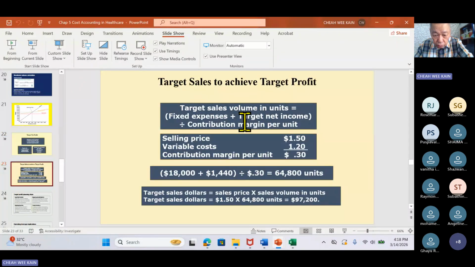We can see an example here. Target volume, fixed cost, selling price 150, variable cost, contribution margin 30 cents. If you want a target profit of some amount, this is your fixed cost plus this amount divided by 360, you must sell 64,800 units. You understand? But that's a problem.